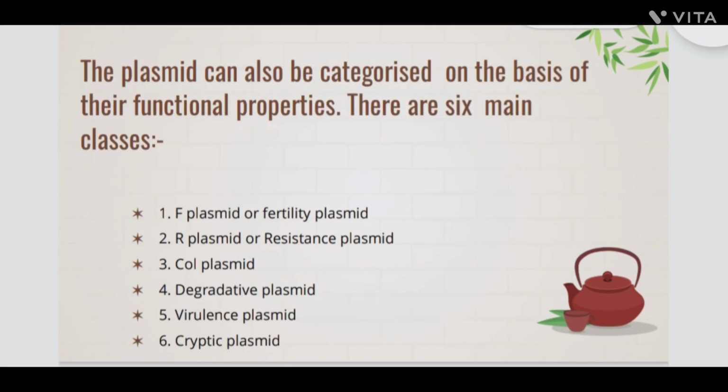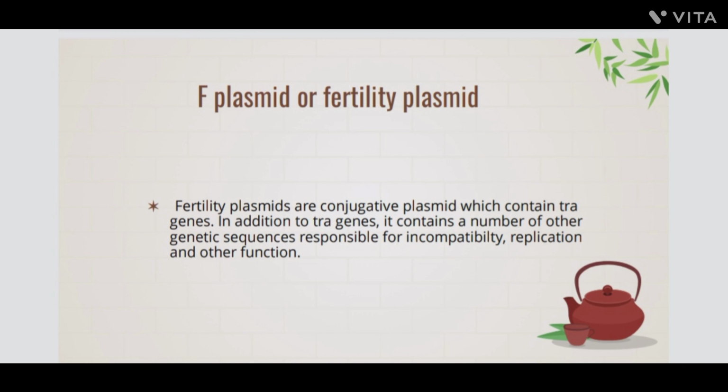On the basis of functional properties, there are 6 main classes of plasmid: F plasmid or fertility plasmid, R plasmid or resistance plasmid, Col plasmid, degradative plasmid, virulence plasmid, and cryptic plasmid. Fertility plasmids are conjugative plasmids in which tra genes are present. In addition to tra genes, they contain a number of other genetic sequences responsible for incompatibility, replication, and other functions.